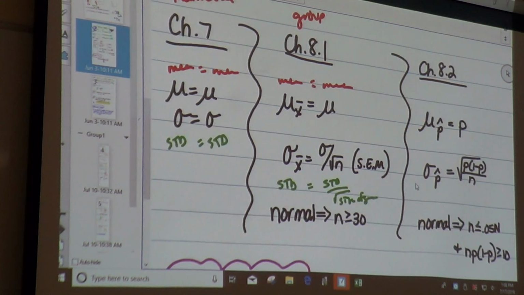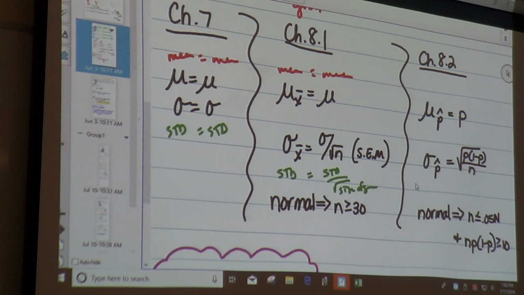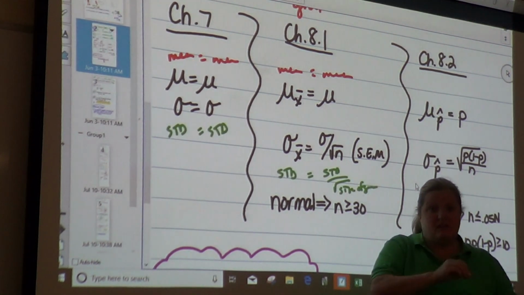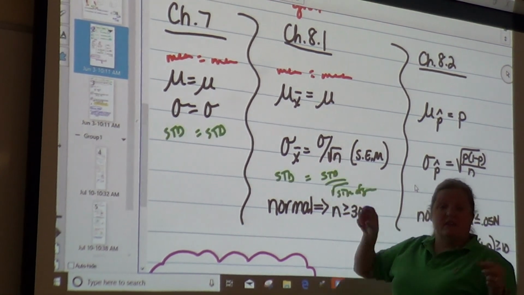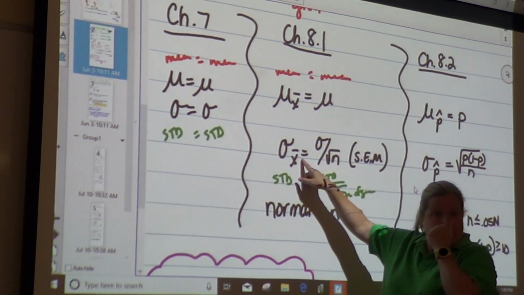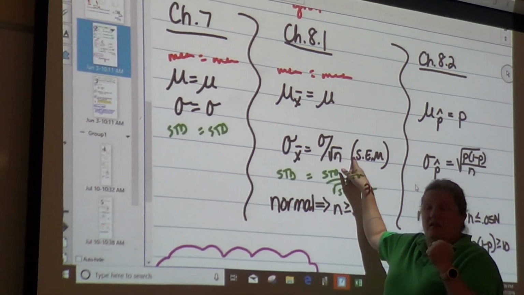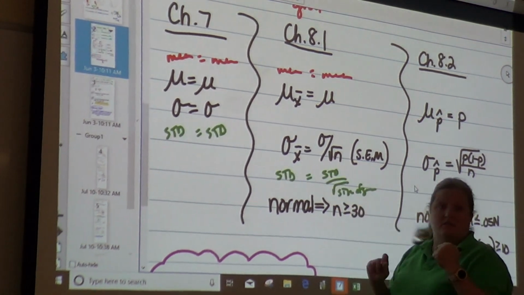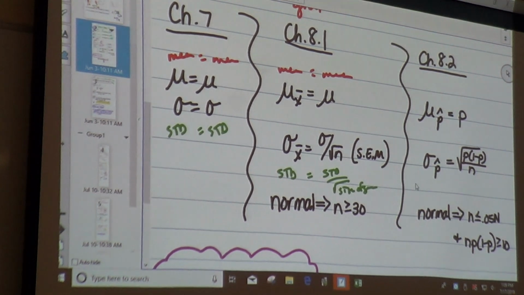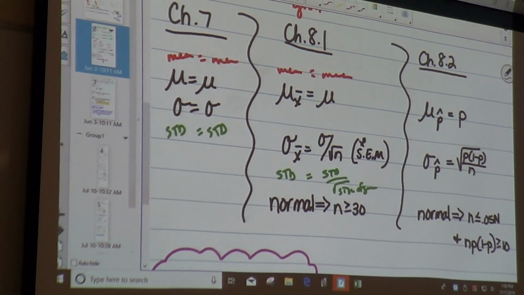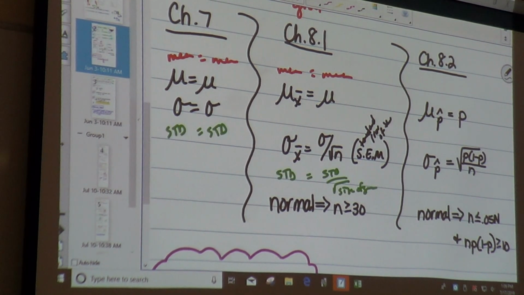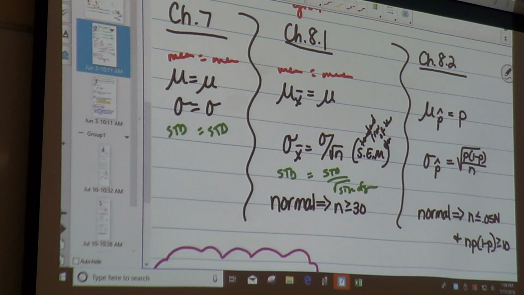And when I ask you for the standard error of the mean, and there's a question on the test, hint, hint, if it says find the standard error of the mean, all it wants to know is the new standard deviation. So standard deviation divided by the square root of the sample size. Yes, that's your new standard deviation, which is the standard error of the mean.